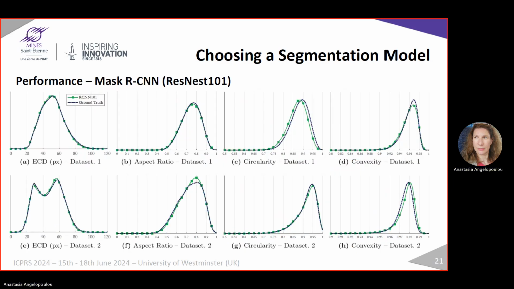The ResNet 101 architecture of Mask R-CNN was really the best fit and gave us the best results. To compute a metric for the matching of the distribution, we used the total variation distance, which tells you if two distributions are fairly close or not at all to one another. So it works fairly well.